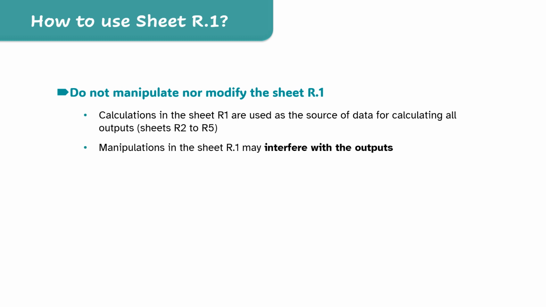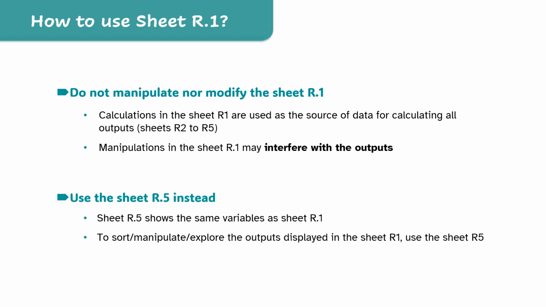As R1 is a calculation sheet, we recommend you do not manipulate the outputs displayed in sheet R1 in order not to interfere with the calculations. Instead, sheet R5 of the PAMI Excel tool, Table PAMI Export, shows similar outputs and can be manipulated as needed.